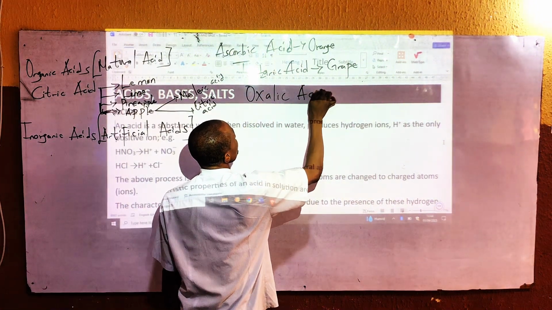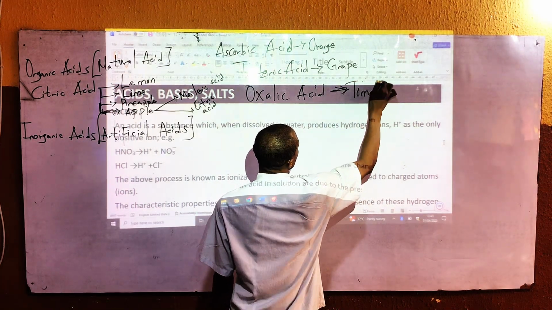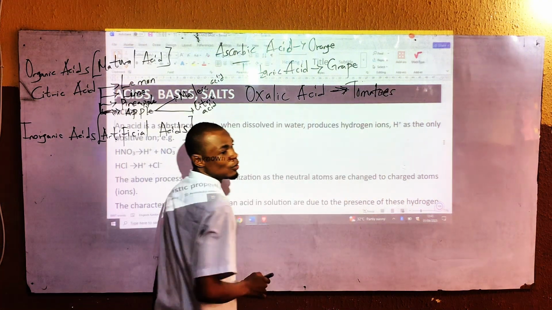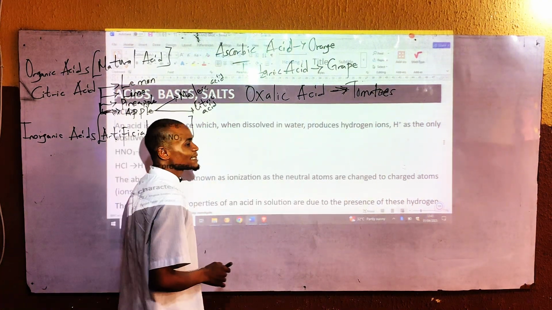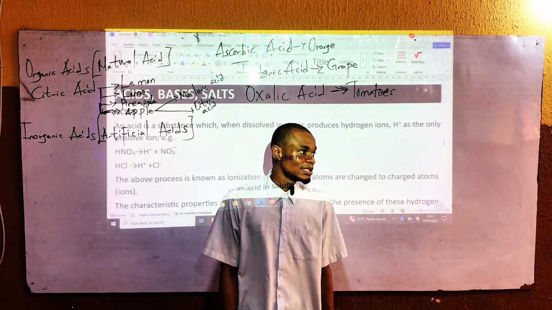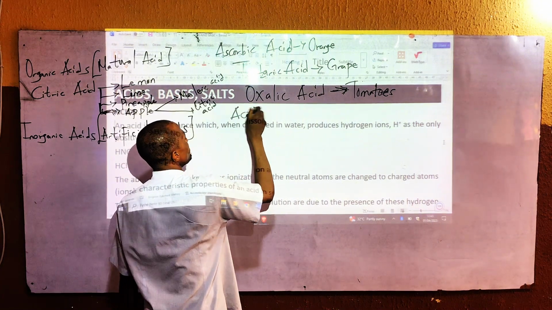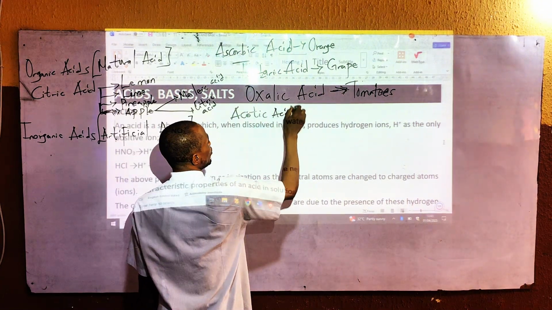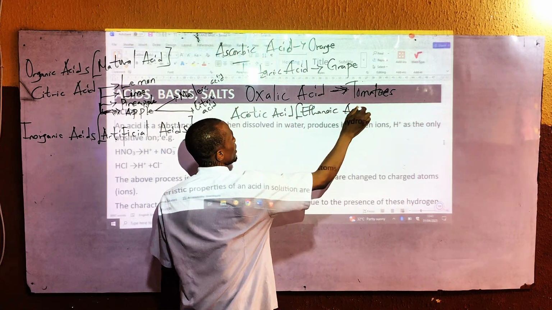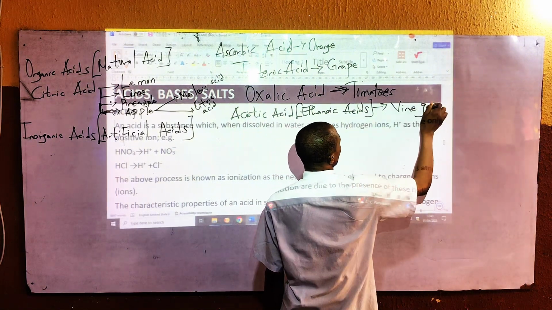Tomato paste is also sour. We also have acetic acid, which can also be called ethanoic acid, in vinegar.